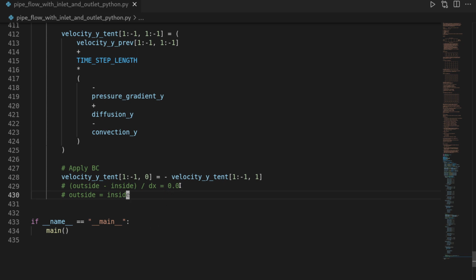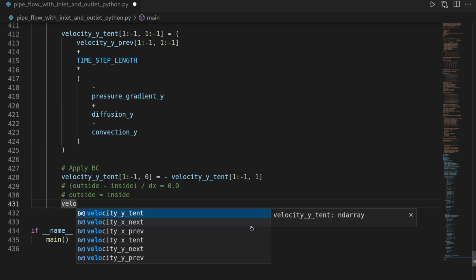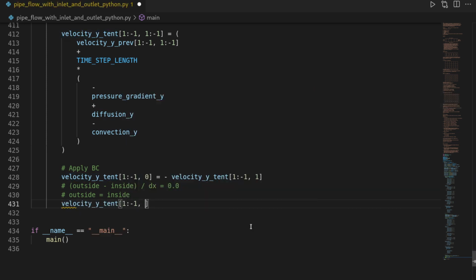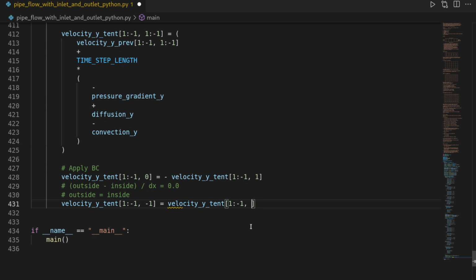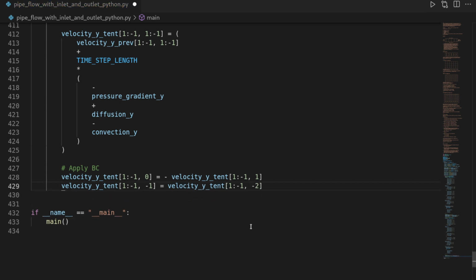So again, this is for a Neumann boundary condition, and this one was for a Dirichlet boundary condition in the inlet. So in other words, we will get velocity y tentative, interior points in y, and -1 for the last point in x direction is equal to velocity y tentative, interior points, and then a -2. And let me delete the algebra here.